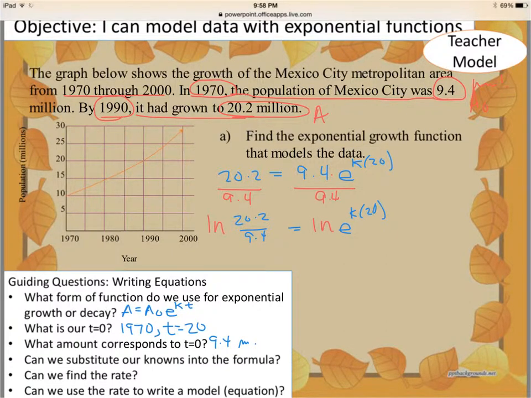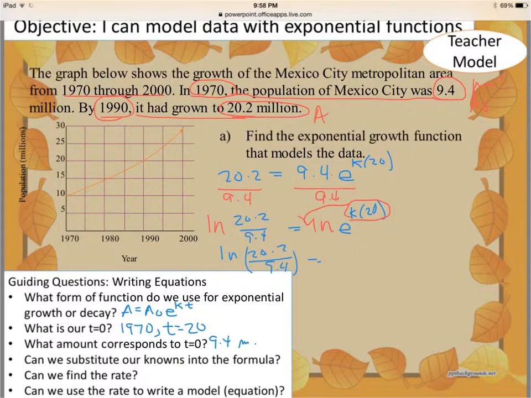Okay, that will keep our equation balanced, but it will let us take this exponent down to the front using our properties of exponents. So I have ln of 20.2 divided by 9.4.